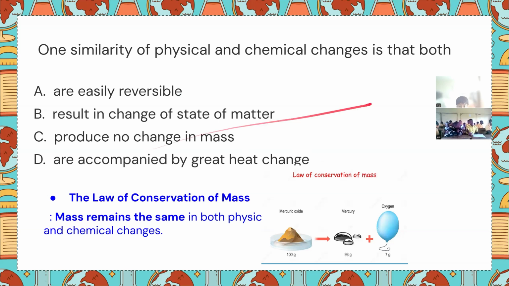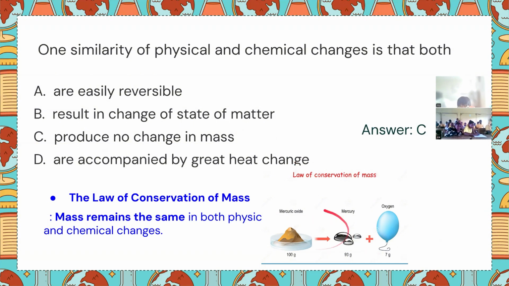We are looking for similarities of both physical and chemical changes. To give you a little hint, here at the bottom, you can see the law of conservation of mass. This is a big hint. It states that mass remains the same in both physical and chemical changes. So the answer must be C, produce no change in mass.